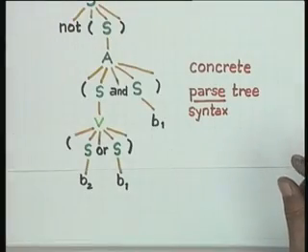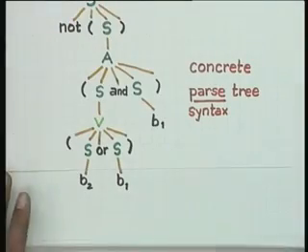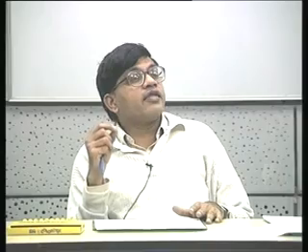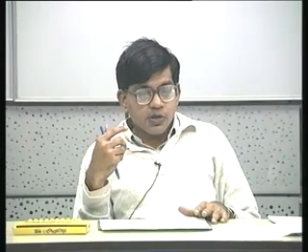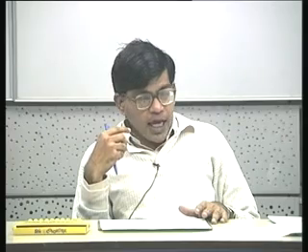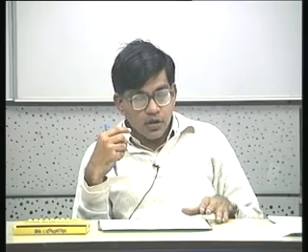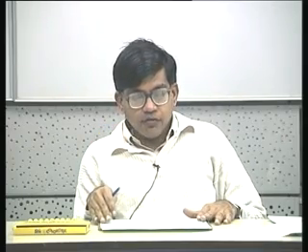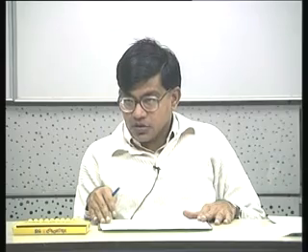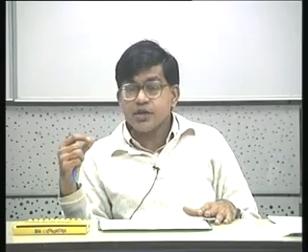So what we are most interested in is the parse tree rather than the actual derivation. Okay. So for any sentence we have a corresponding parse tree. For generating any sentence we do not necessarily have a unique derivation. Okay.